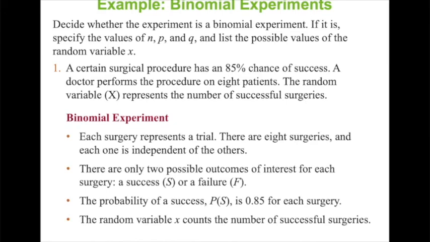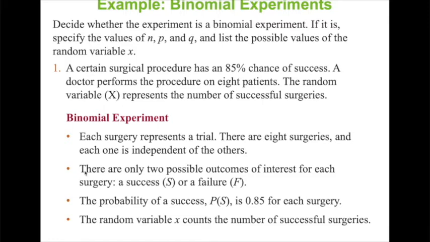Okay, so each surgery represents a trial, and there are 8 surgeries, because it says a doctor performed the procedure on 8 patients, and each one is of course independent of the others.